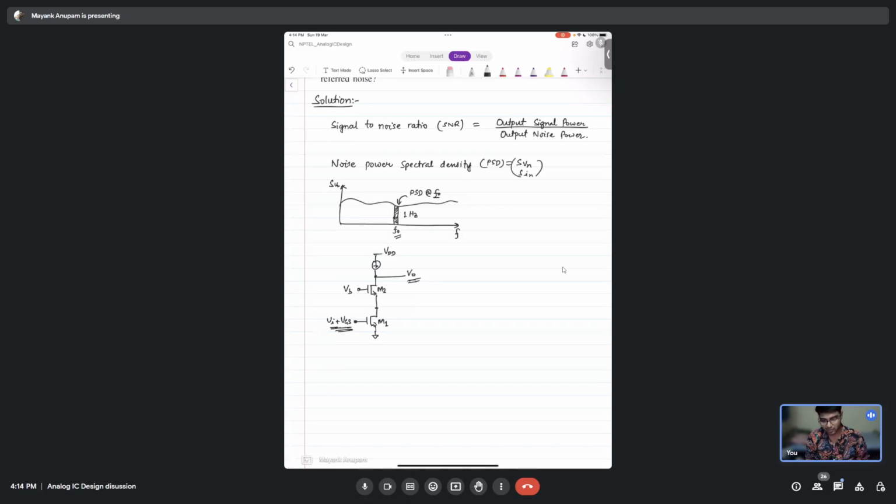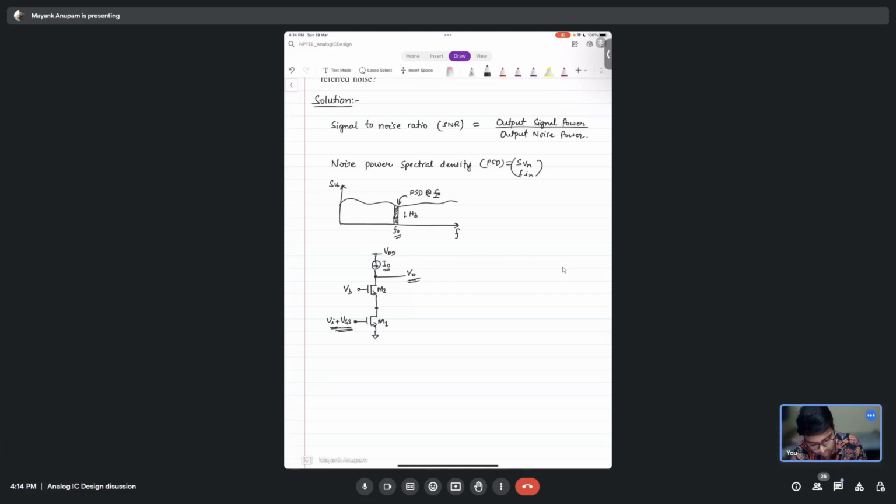Yeah guys, someone please speak up. Cool, transistors. So right, only the transistors. The current source, you can assume that it is ideal and it does not contribute to any output noise.